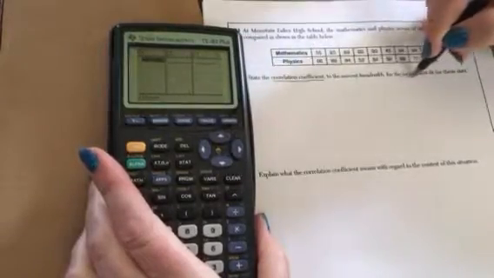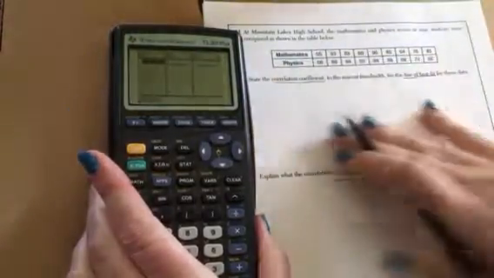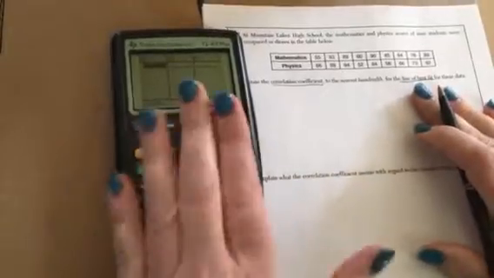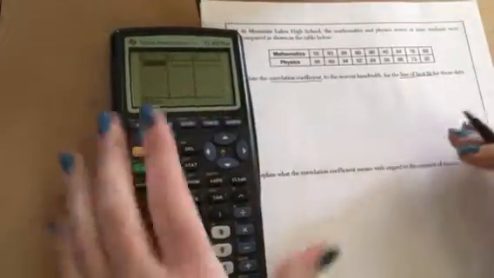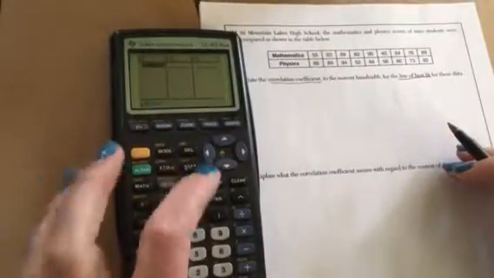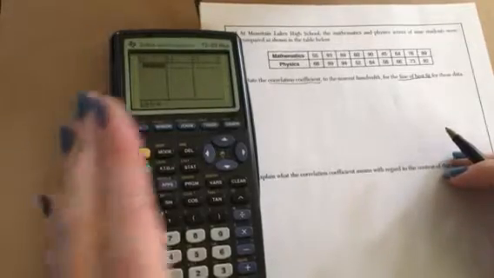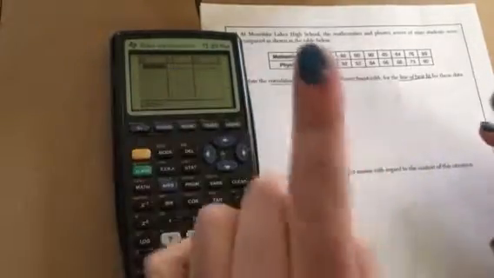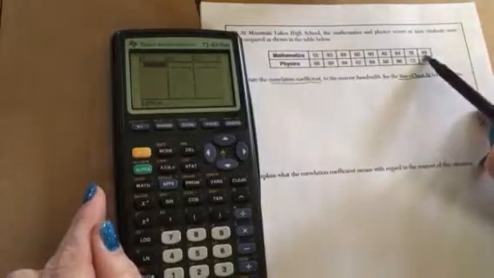Now when you have the situation where they mention correlation coefficient and line of best fit, this is what I need to do. I go to my lists, which is under stat, where it has the edit. You press enter, you end up at this screen. Now we just put these numbers in.